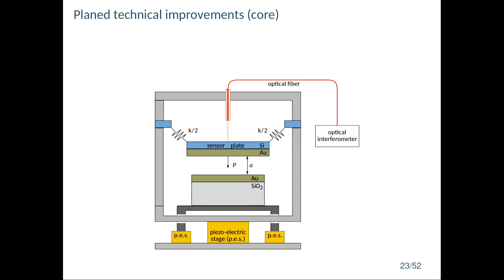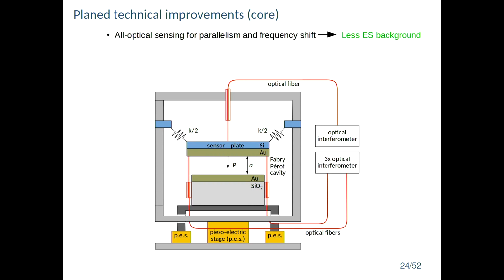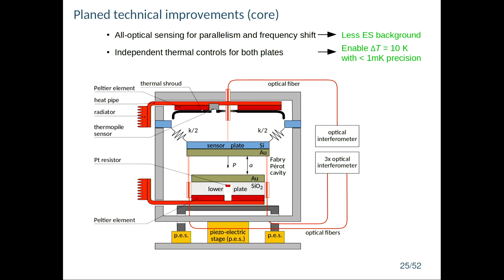The improvements that we have done are, first of all, we kicked out the capacitive bridge here because it gave us a large electrostatic background. So we are now measuring distance and parallelism with additional interferometers. The second thing is that we implemented a thermal control system that can basically control the temperature of this sensor plate without contacting it.